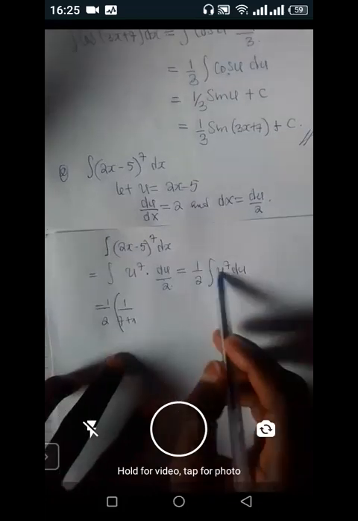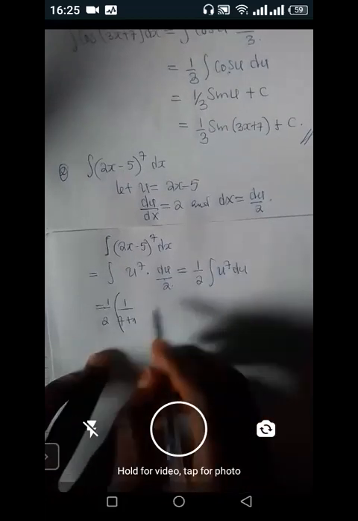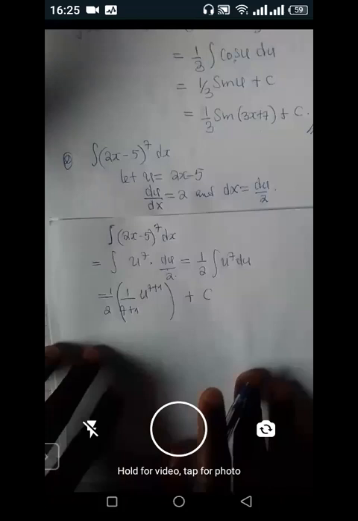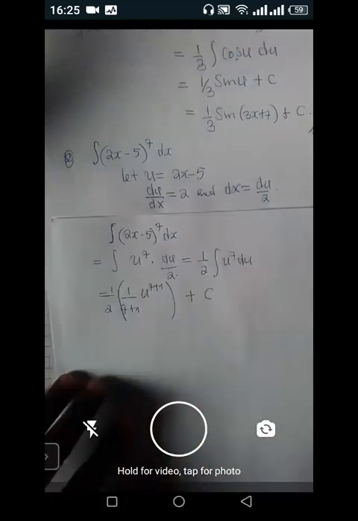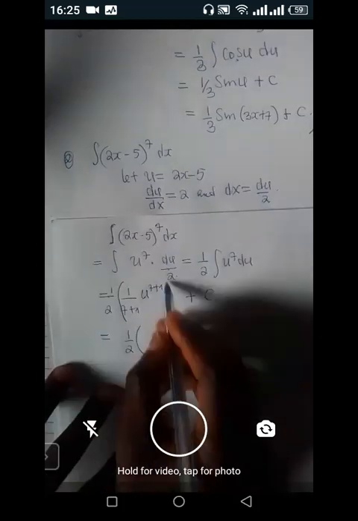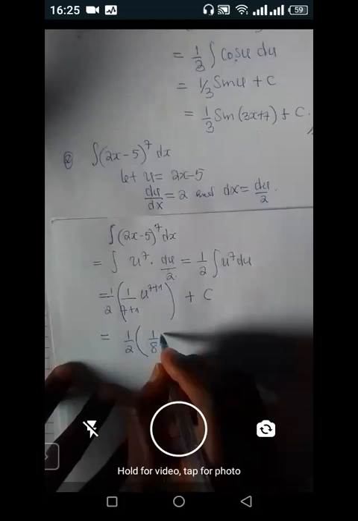You should see that. Then you have u to the power 7 plus 1, then plus your constant c. So this one you're going to have 1 over 2, 1 over 8, u to the power 8, plus c.